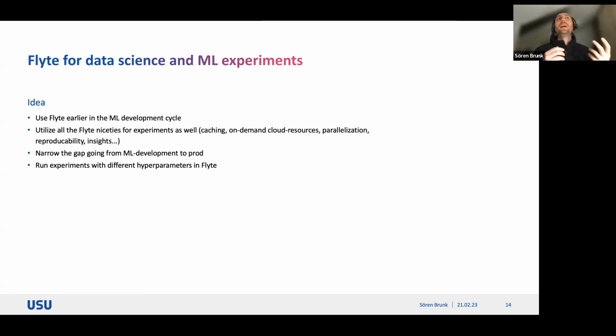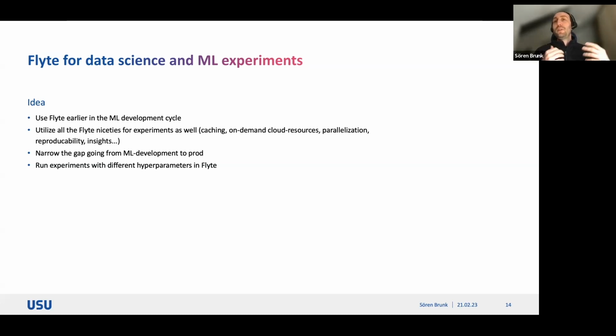And of course it also narrows the gap going from ML development to prod, because if we already do our experiments in Flyte and we have a good result, it's very easy to just switch over, right? And you can also do something like tuning or trying different parameters.